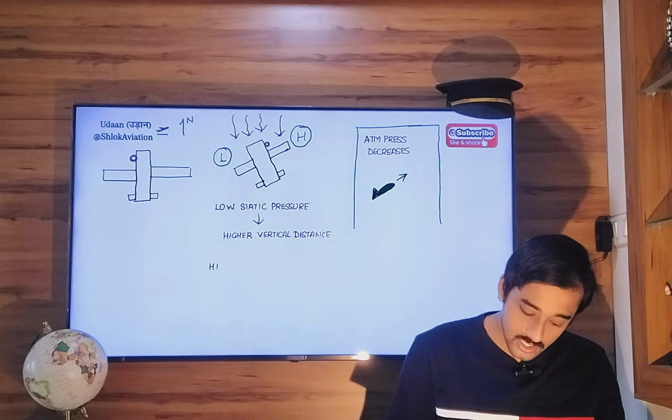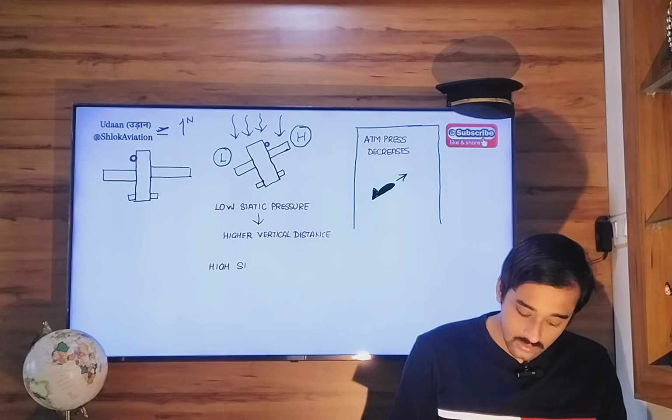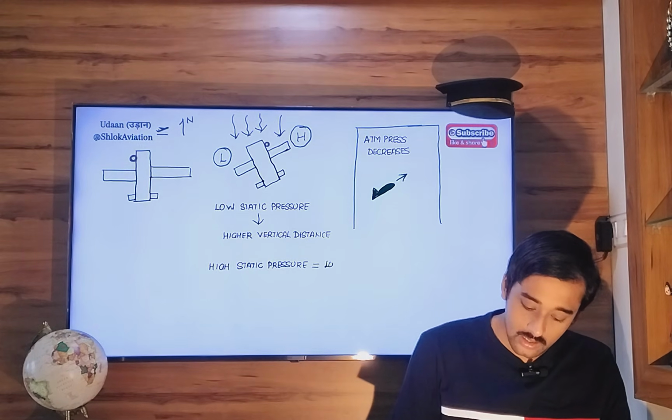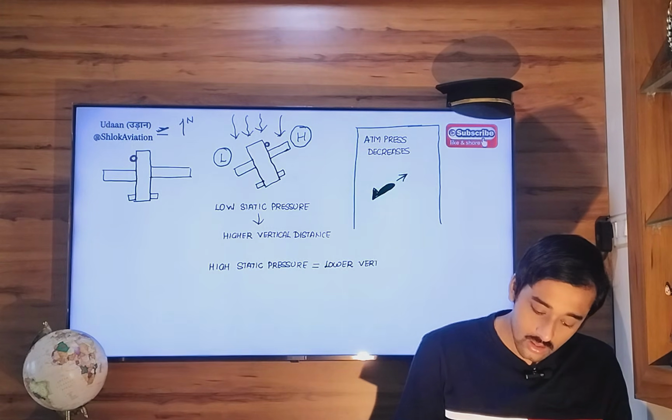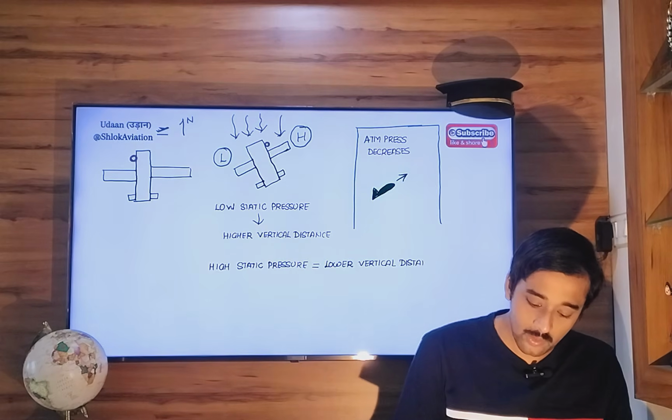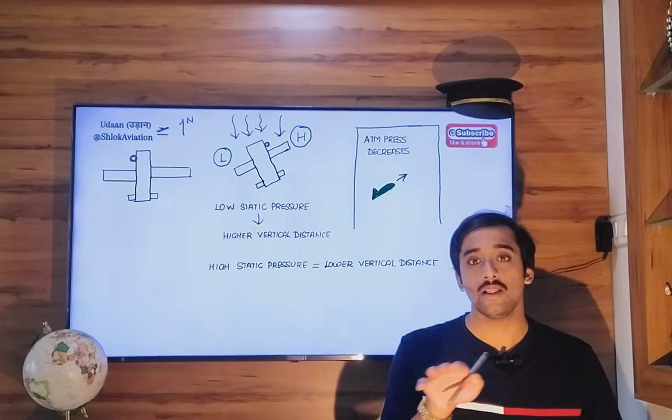High static pressure will be equal to lower vertical distance.